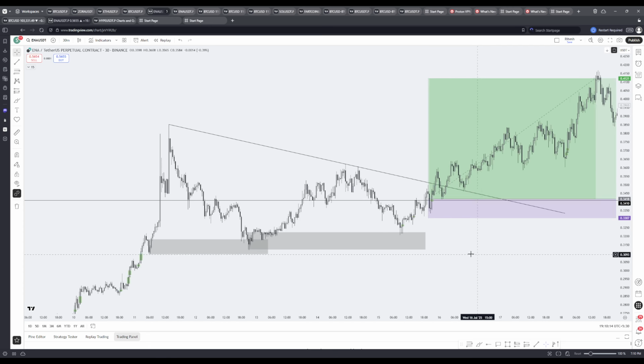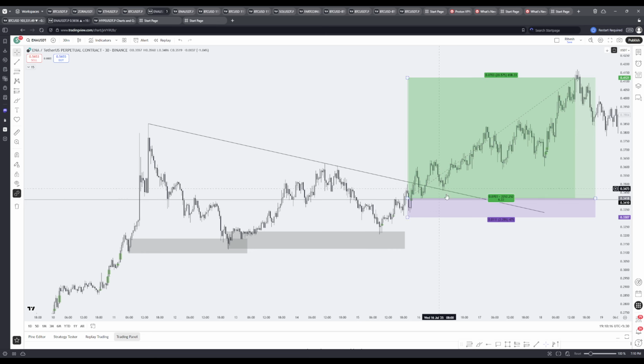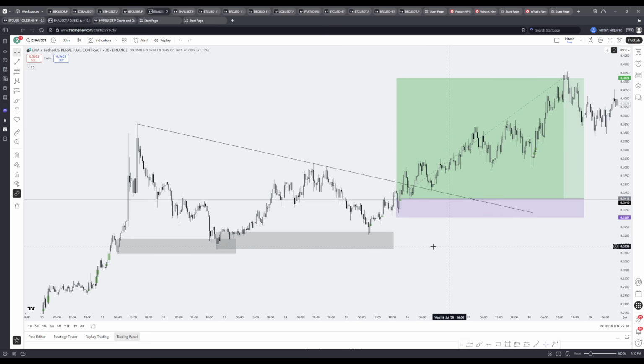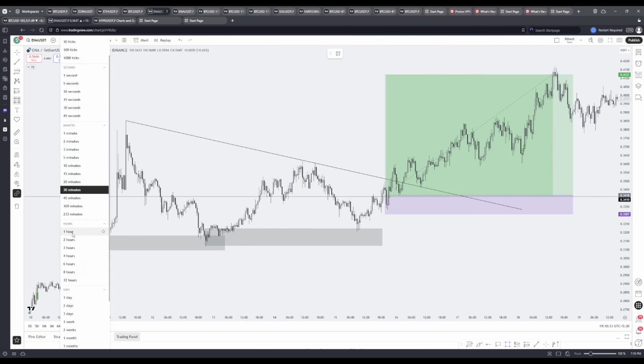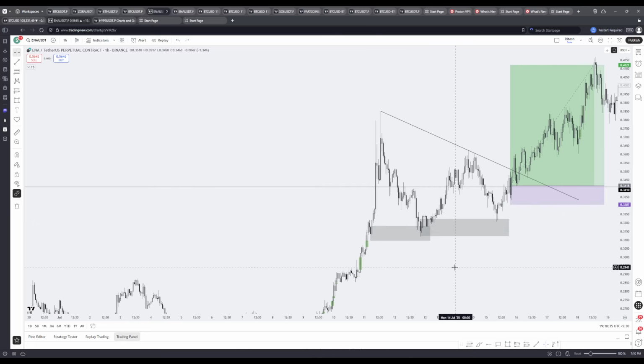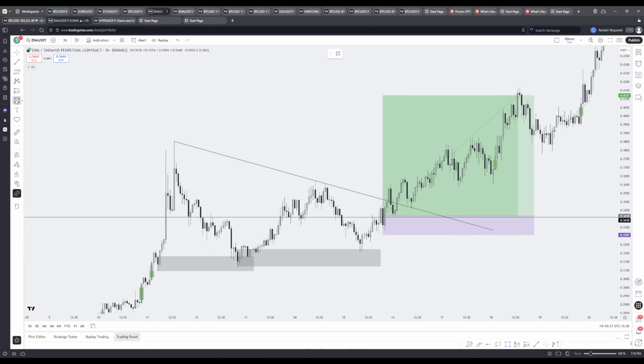But the thing is that if you micromanage such things, you will obviously get stopped out. So you simply wait to see this type of fake out and reclaim, and then you can simply go long.